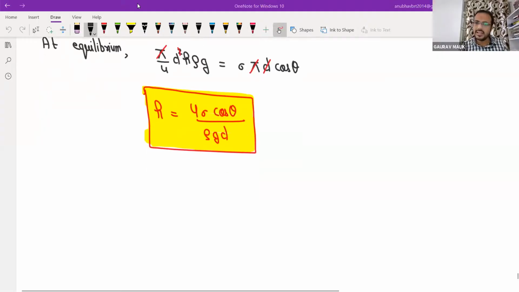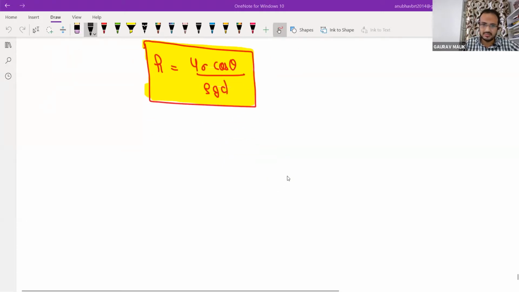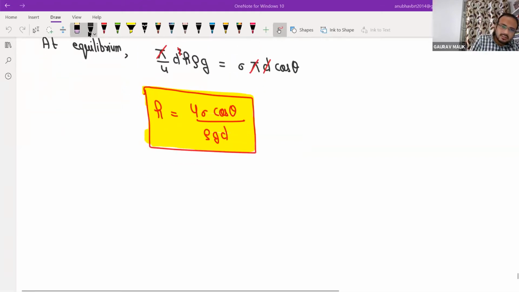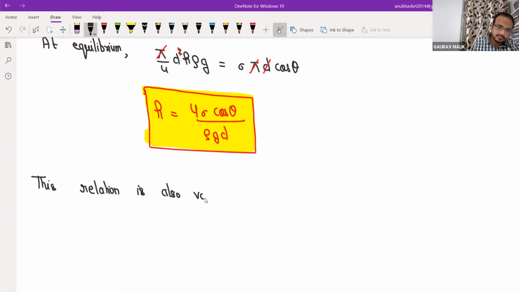And if theta is equal to 0, then cos 0 is equal to 1. So this relation is also valid.